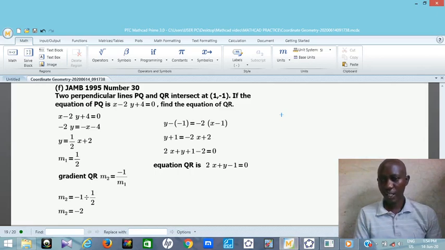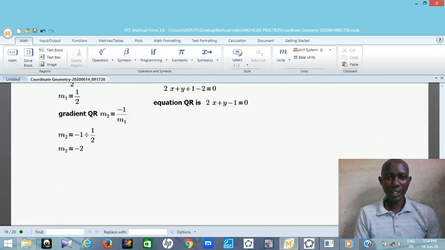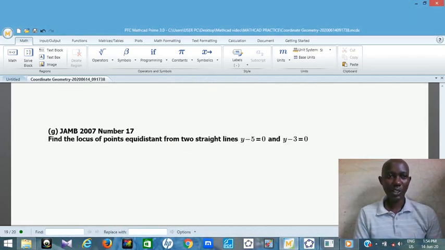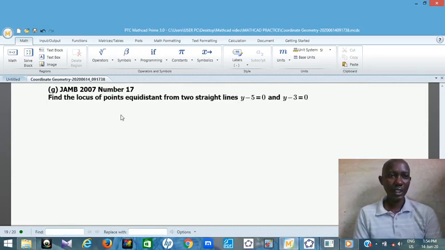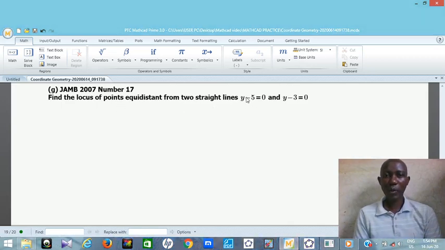Let's do the last question I have for us, and that is the end of revision of questions on coordinate geometry. So this question is 2007 number 17. It says find the locus of points equidistant from two straight lines, y minus 5 equals 0 and y minus 3 equals 0. I told you that a locus is just a set of points that follow some particular rule.